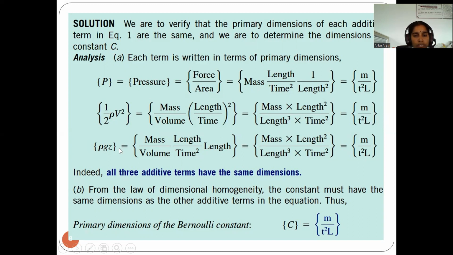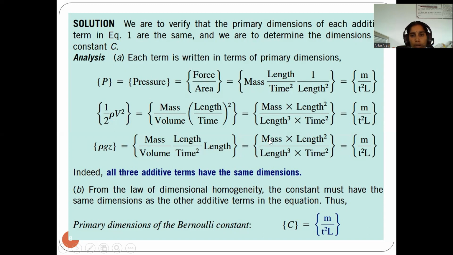Next, the potential energy term, rho g z. Rho is again density, mass by volume; g is acceleration, length divided by time squared; z is distance, length.